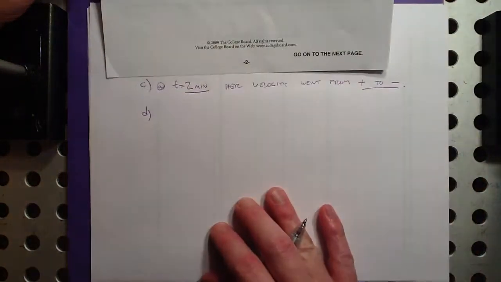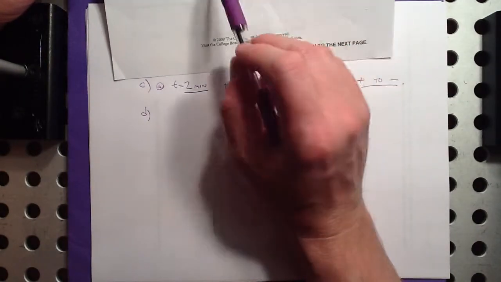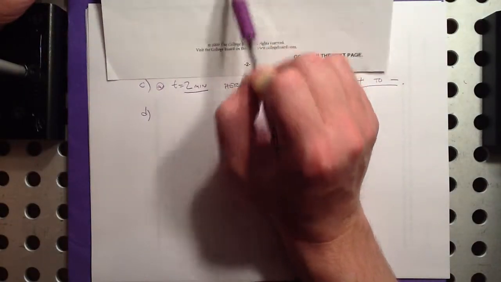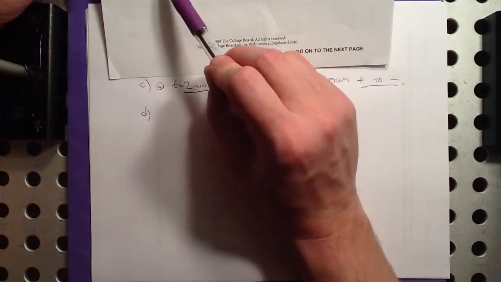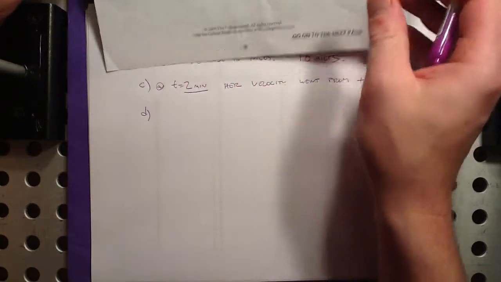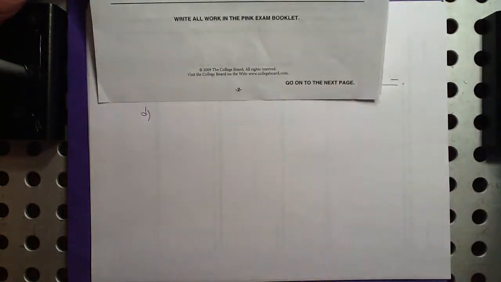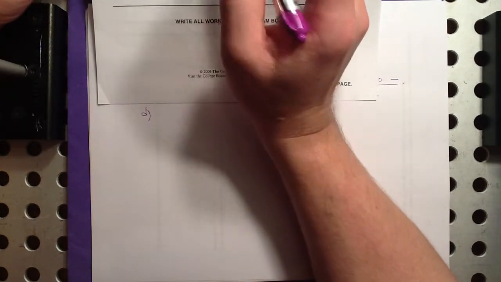And then last, Larry also rides his bicycle along the straight road from home to school in 12 minutes. His velocity is modeled by this function, also in miles per minute. And we want to know who lives closer to school, Karen or Larry, and show the work that leads to your answer. Well, if we want to know how far they are from school, we could find their displacements. That would negate the turning around part.